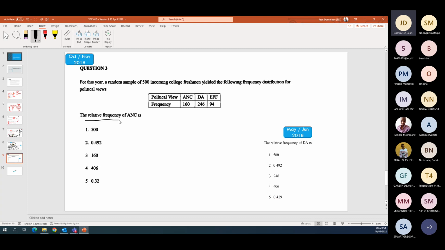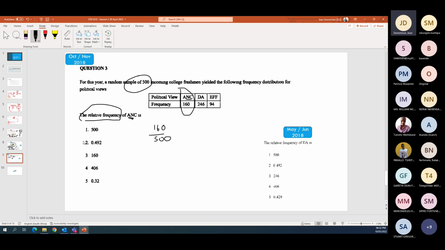Relative frequency is basically looking at the number and dividing it by the total sample. Okay, so they ask us A and C. So we need to say 160 divided by 500, and that will give us the relative frequency.